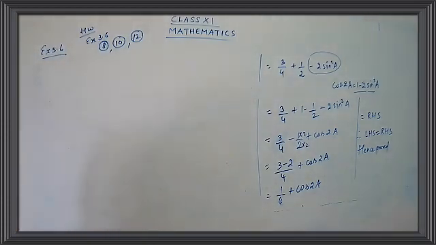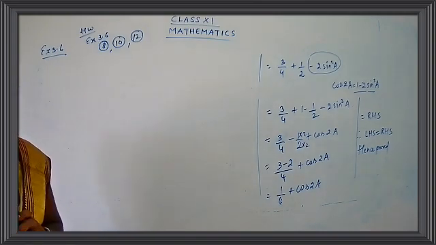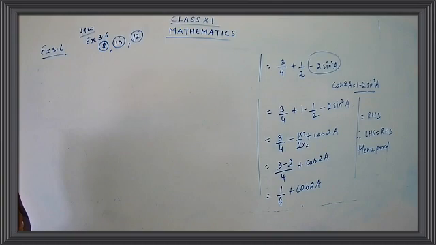Okay. Prove that sine 4a minus 2b plus sine 4b minus 2a upon cos 4a minus 2b plus cos 4b minus 2a is equal to tan of a plus b. Have you taken on the question, children?